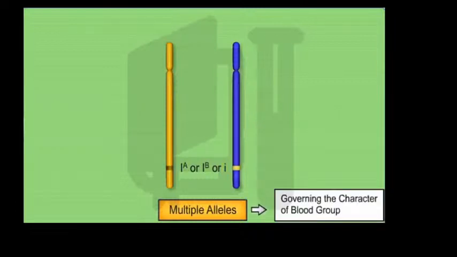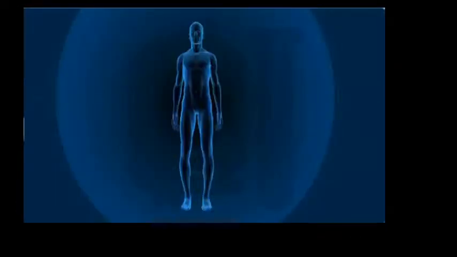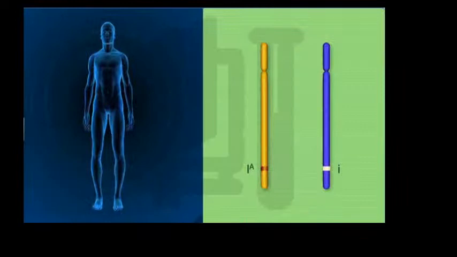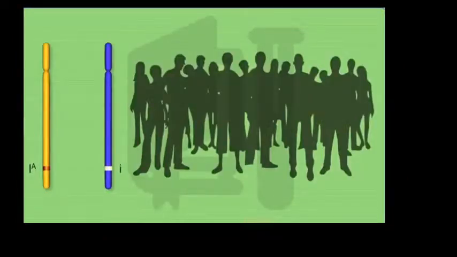However, since an individual can have only 2 alleles, it is possible to learn about multiple alleles when population studies are conducted. In the multiple alleles concept, more than 2 alleles govern the same character.